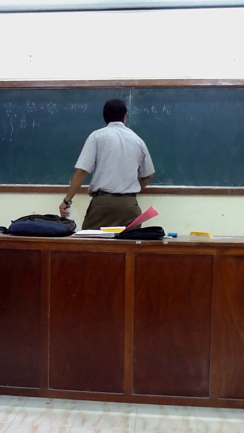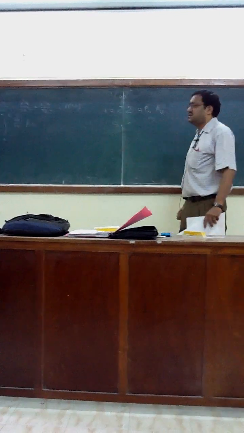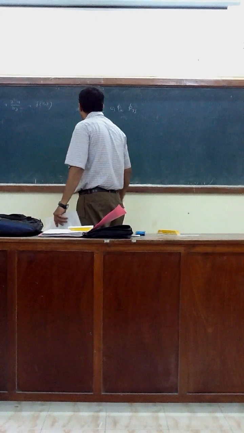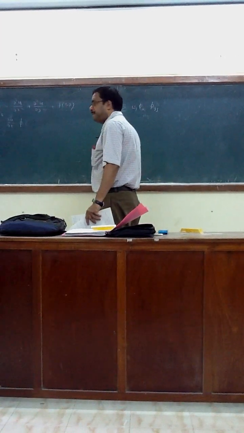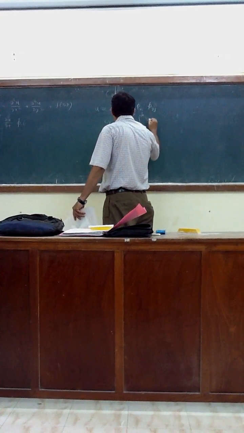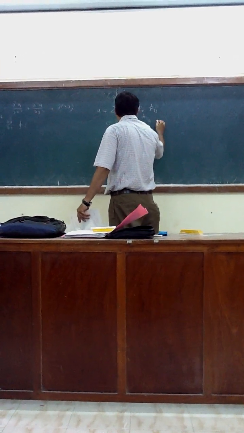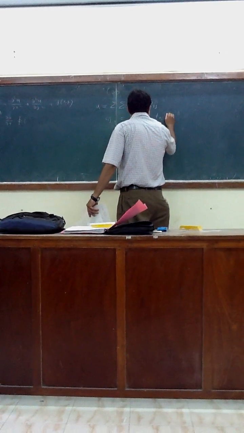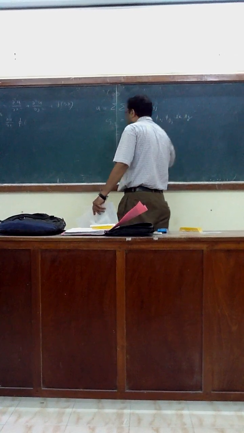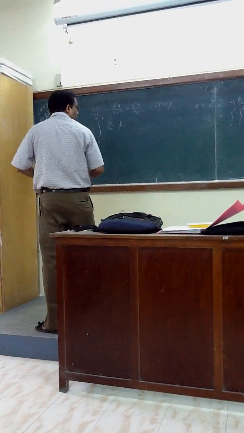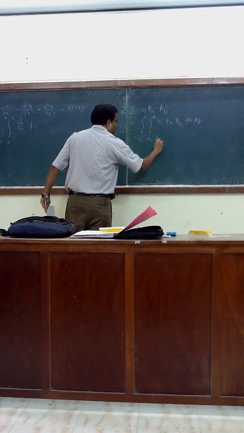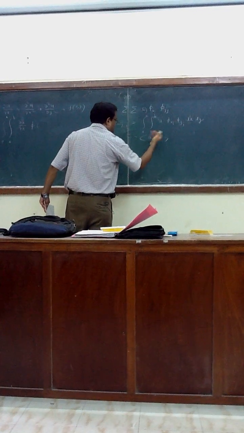In that case, C_ij will be the double integral. You should always say 0 to a, 0 to b, u, not u_i, u, φ_xi φ_yj dx dy, which is nothing but the inner product of u and φ.